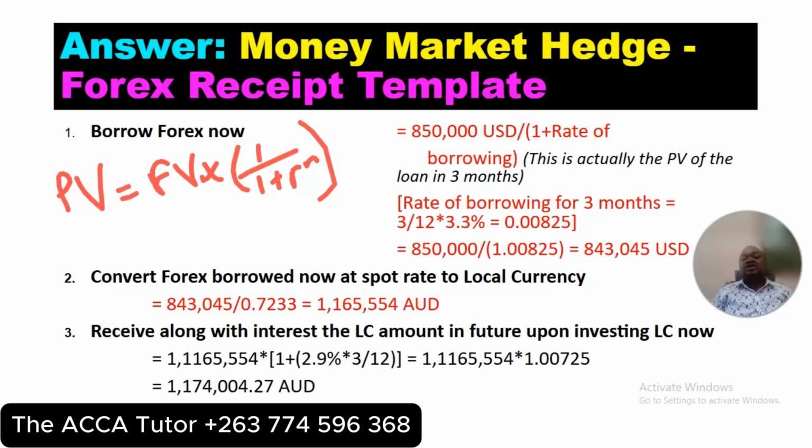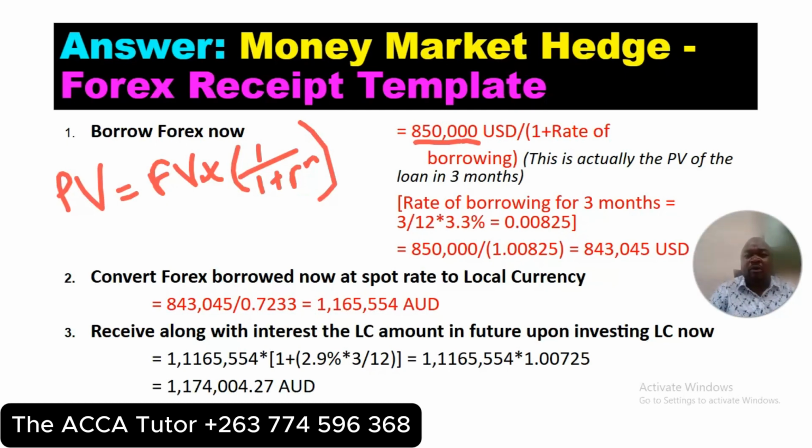In this case, this is the same thing we have done here. The future value we are going to receive is the $850,000 US dollars, divided by 1 plus R, and R is the rate of borrowing.